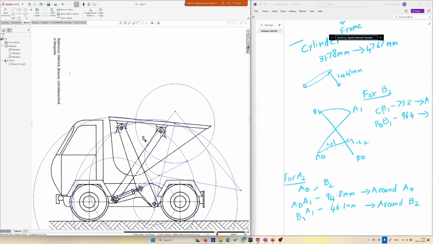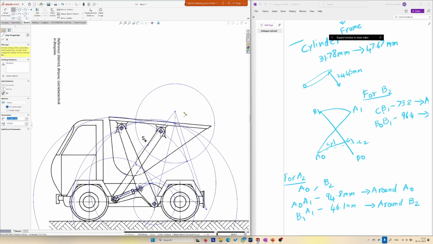And then I can add relations, let us say. I will try. Insert relations. Good. I can measure another distance just by putting a point here.